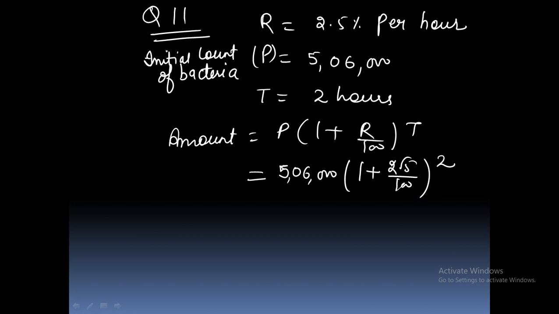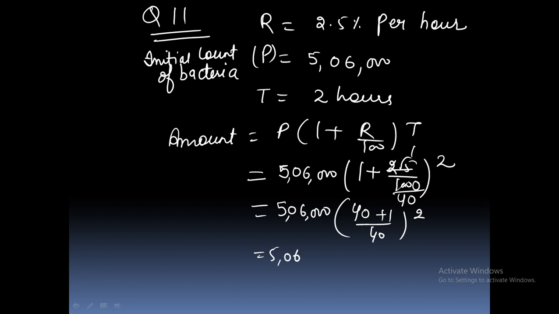By eliminating this point, we will take 10 in the denominator. 25 ones are 25, 25 fours are 100. After calculating this, 40 plus 1 over 40 power 2. 5,06,000 multiply 41 by 40 multiply by 41 by 40.